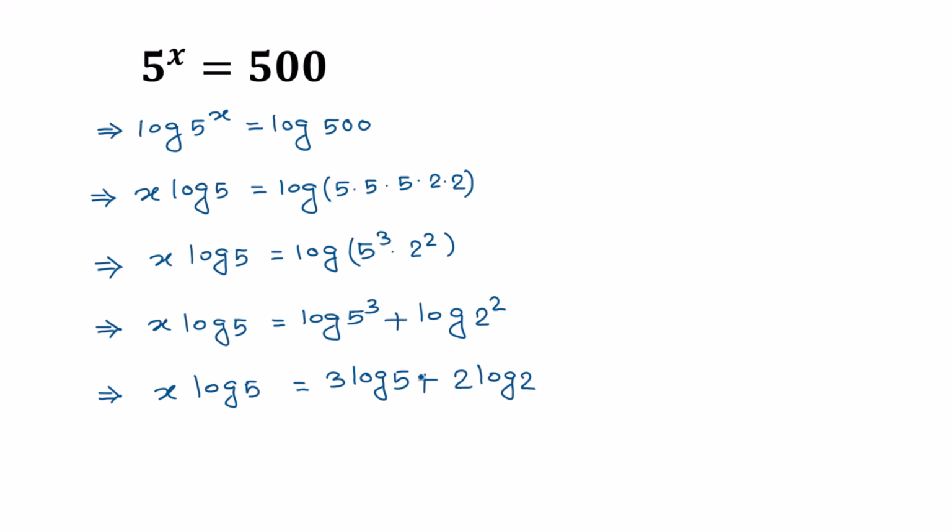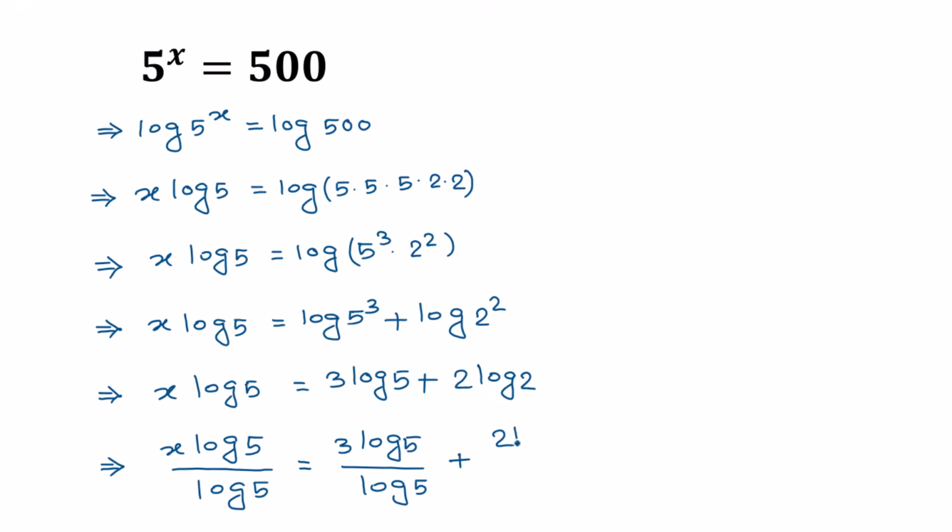Now divide both sides by log of 5. We will get x log of 5 divided by log of 5 is equal to 3 log of 5 divided by log of 5 plus 2 times log of 2 divided by log of 5.